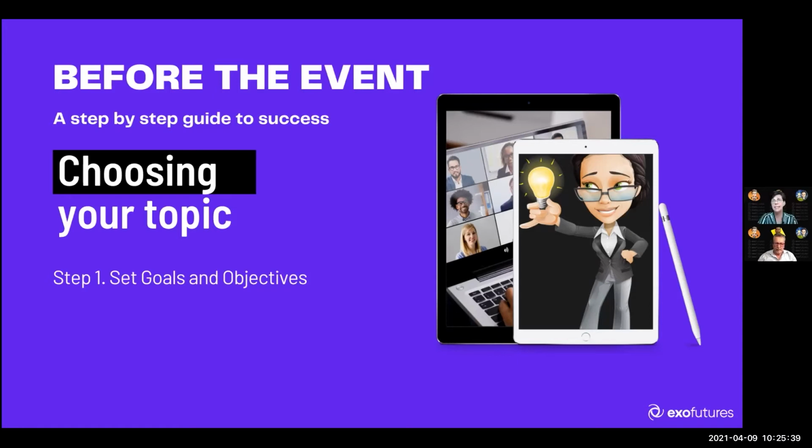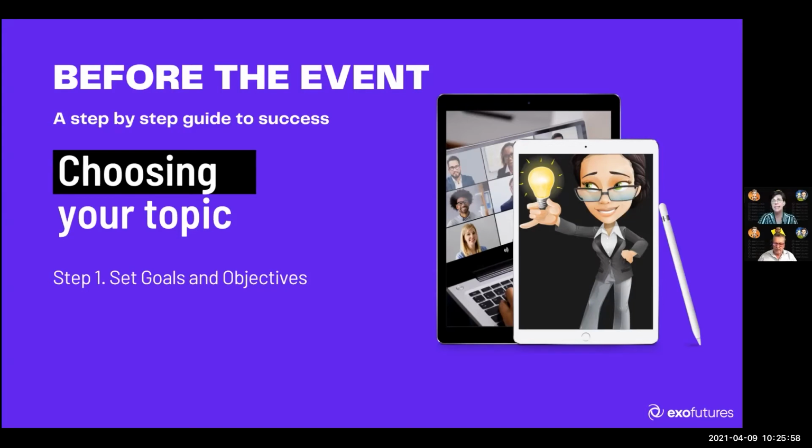Can you see how this goal is already lending itself to the kind of topic I'm going to talk to? Then, an example of an objective could be to achieve a 35% response rate and 80% satisfaction rate as measured by an exit survey I will run after the event.